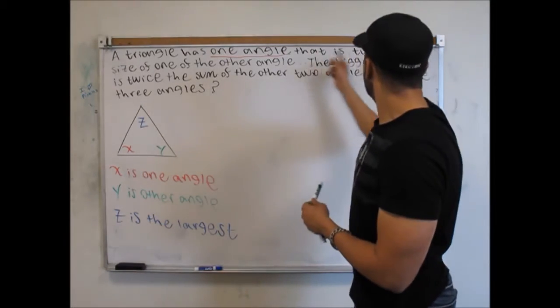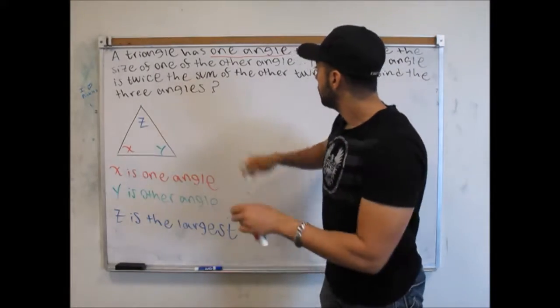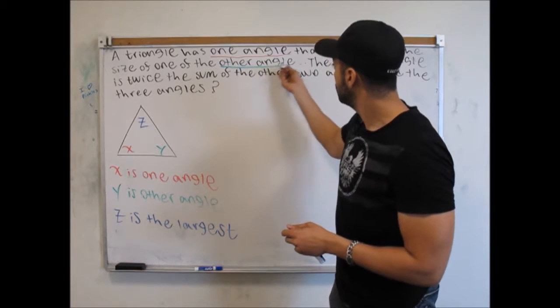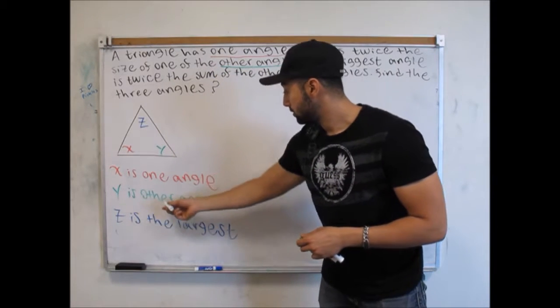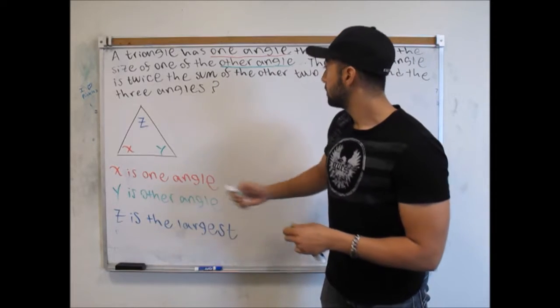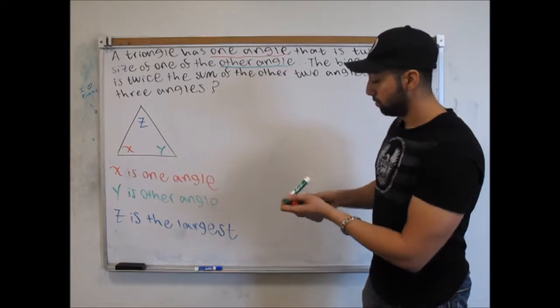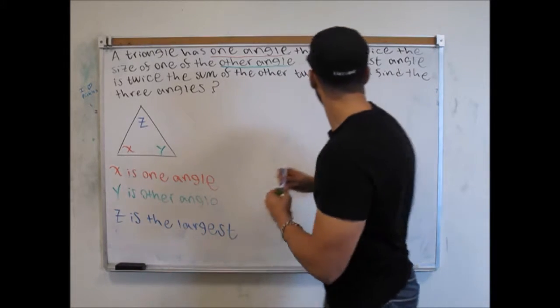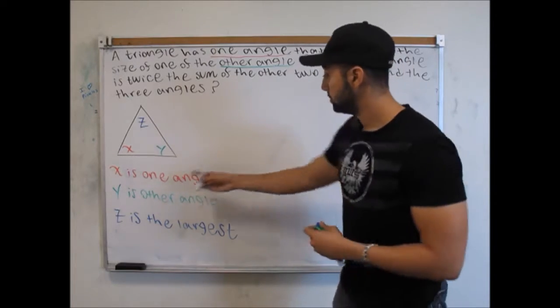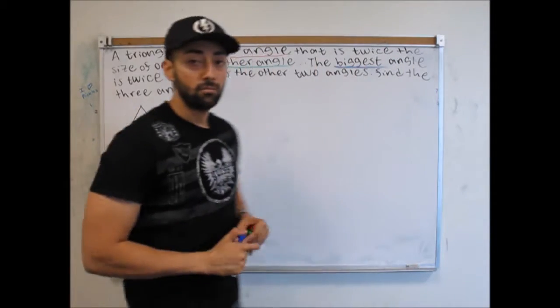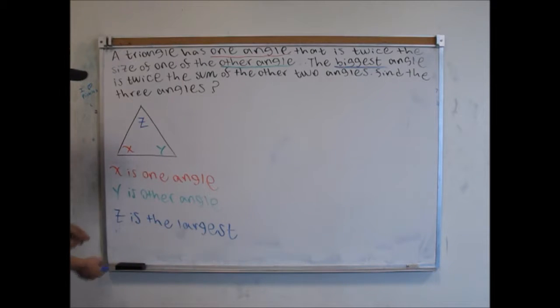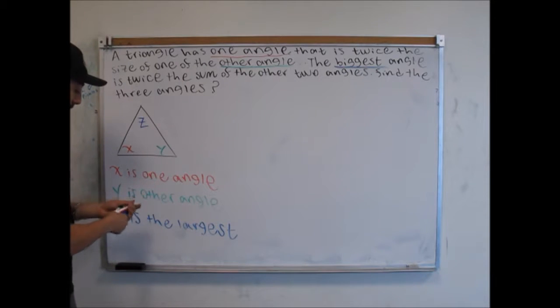Then it said that is twice the size of the other angle, so I named y the other angle. Then finally it said the biggest angle, so I called the biggest angle z. That's how I went about setting up my variables and naming them.